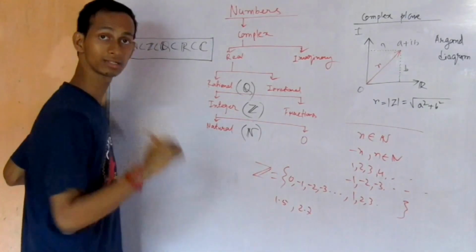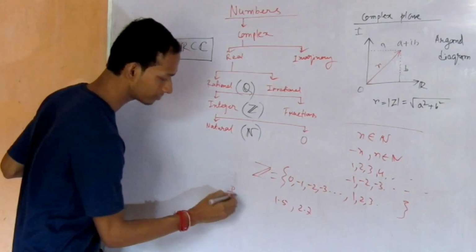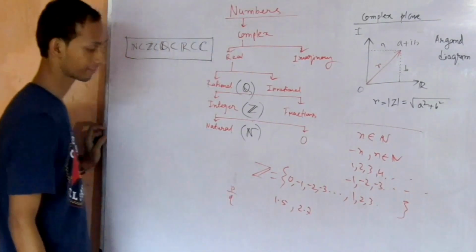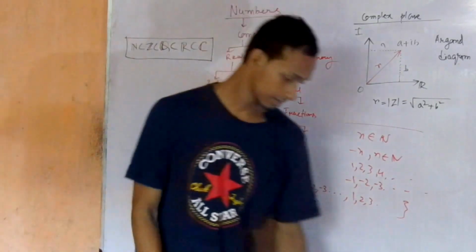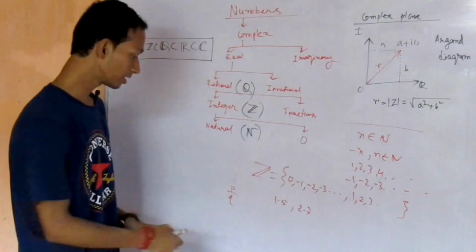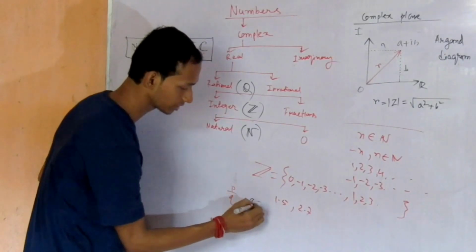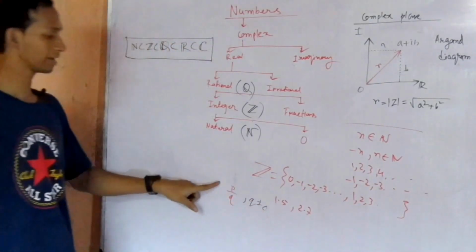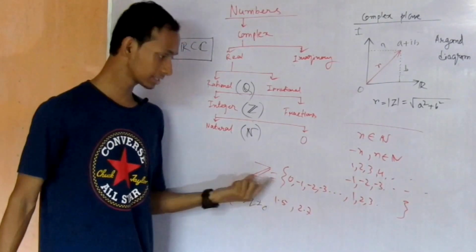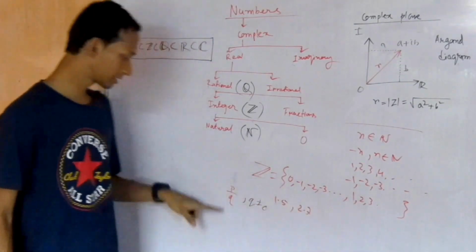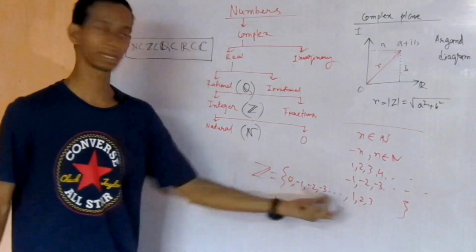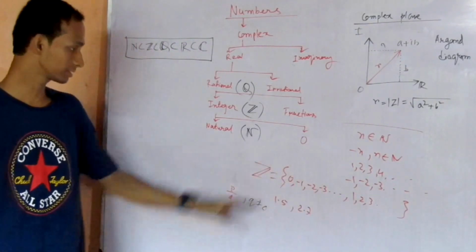The rational numbers are those which can be written in the form p by q, where p and q are both integers, whereas q cannot be 0. P can be any integer, but q can be any positive or negative integer except 0.